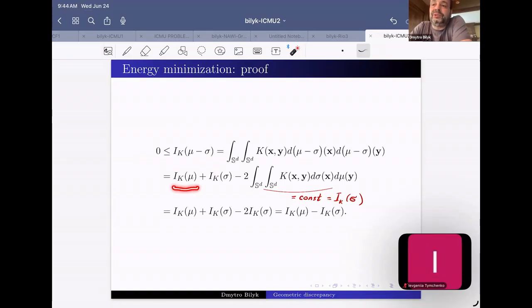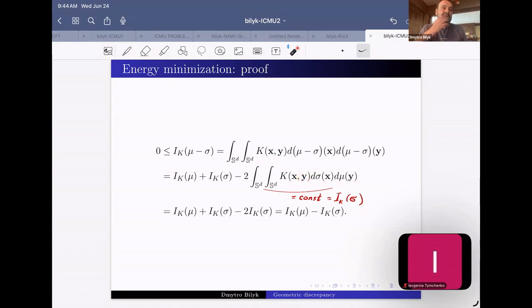I get the energy of mu when mu hits mu, the energy of sigma when sigma hits sigma, and then twice the mixed energy. Everything is continuous and finite, so I can interchange summation and integration. I start with sigma inside. Now I recall that my kernel is rotationally invariant. Since it is rotationally invariant and this is the uniform measure, it doesn't matter which point y I put in here.